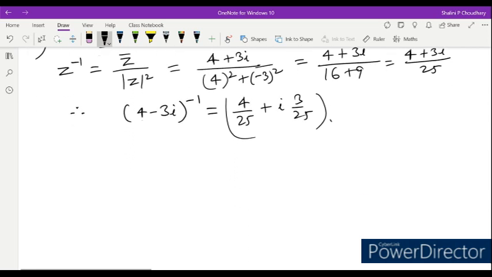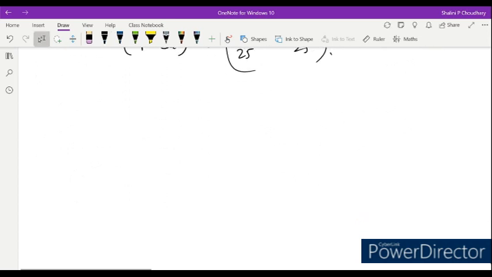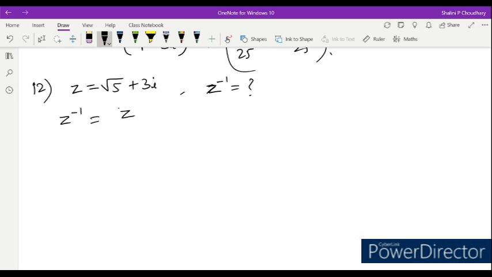Now next question number 12. Same thing we have to do in this also. If z is equal to square root of 5 plus 3i, so what we have to find out? We have to find out z inverse. So z inverse will be equal to conjugate of z divided by modulus of z square.